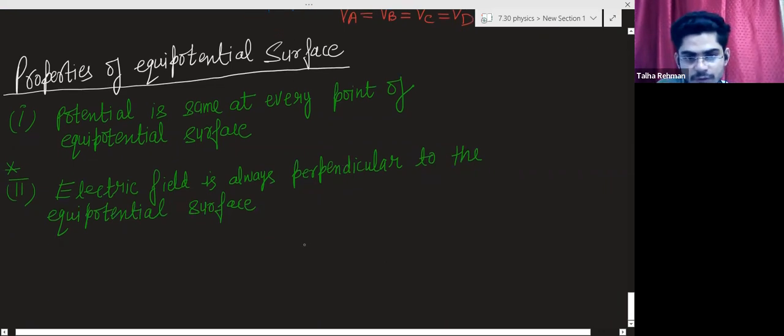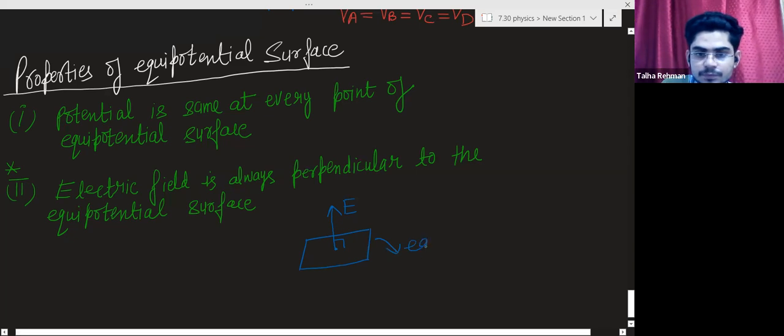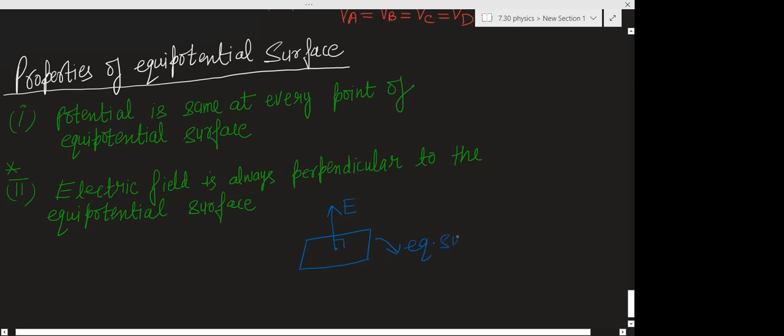Suppose this is an equipotential surface. So the electric field will be like this. This will make an angle of 90 degrees with the surface. Yes, sir. It always makes an angle of 90 degrees.